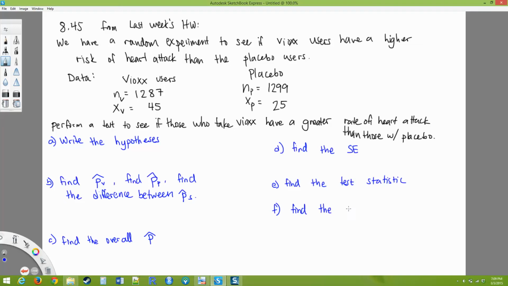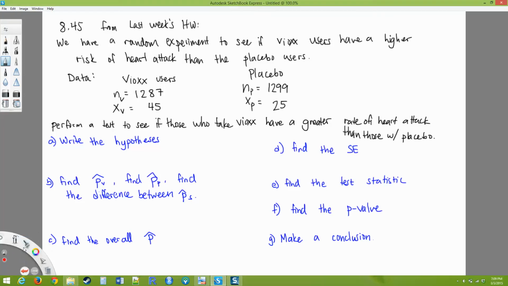Find the p-value, make a conclusion. Okay. So these are all steps that you need to do when answering this type of question here. Okay.